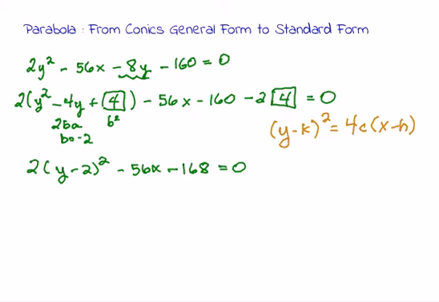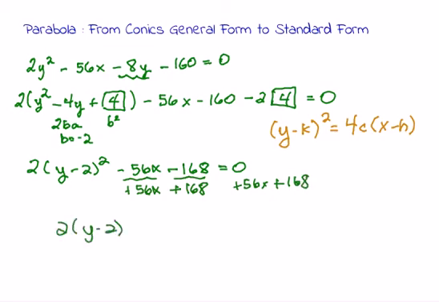Okay, so it looks like I have that y minus k squared part, but the 56x and the negative 168, we need to move those to the other side. So I'm going to add 56x, plus 168, we're going to add that to both sides. And now I have 2 times y minus 2 squared is equal to 56x plus 168.